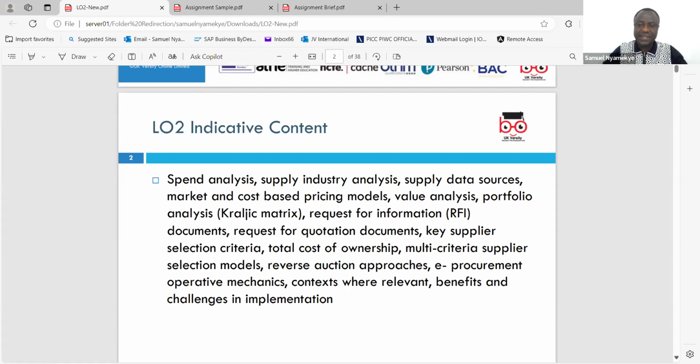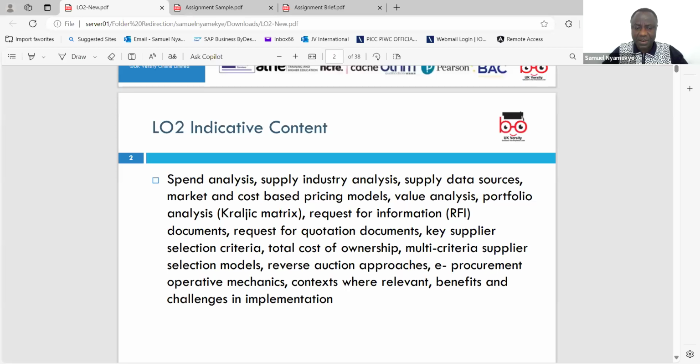So what is spend analysis, cost analysis, supply industry analysis, data sources, market and cost-based pricing models, value analysis, portfolio analysis, request for information document, request for quotation document, key supplier selection criteria, total cost of ownership, crucial supplier criteria for selecting the suppliers, reverse auction, e-procurement systems and a whole lot of other things.